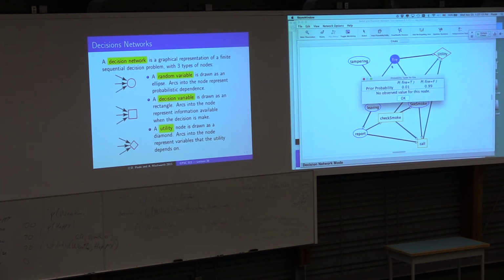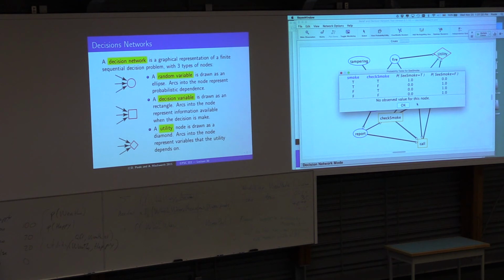This is exactly the same model we had before, except now we have check smoke as a function of smoke and check: if there is smoke and I check for smoke, then I see smoke, otherwise I don't. So this is just another random variable like we had before.